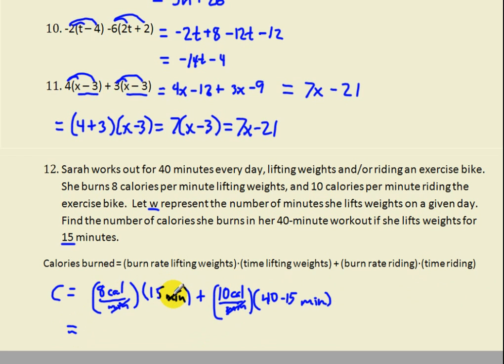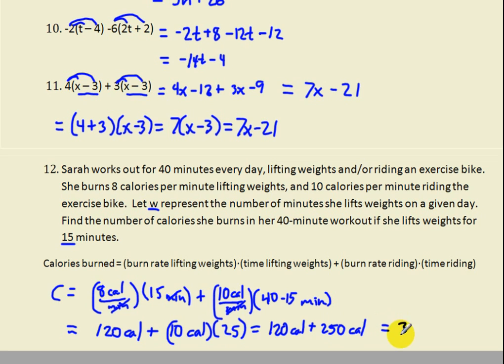So this is 8 calories times 15 will give us 120 calories plus, and we can write this out, 10 calories times 40 minus 15 will give us 25. So she spent 25 minutes riding the exercise bike. So that's 120 calories plus 10 times 25 will give us 250 calories for a total of 370 calories.